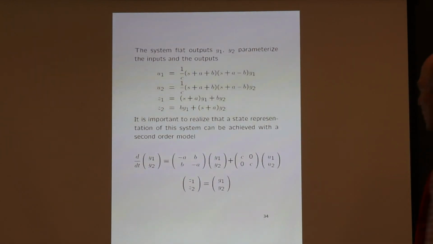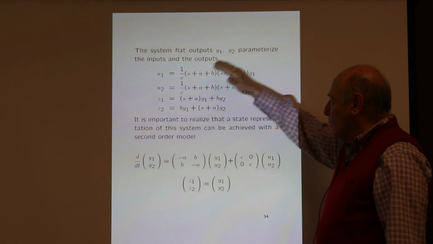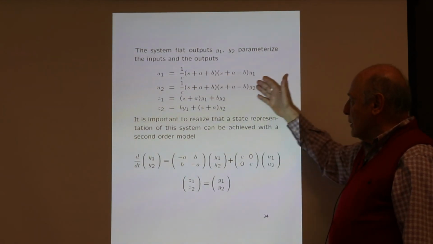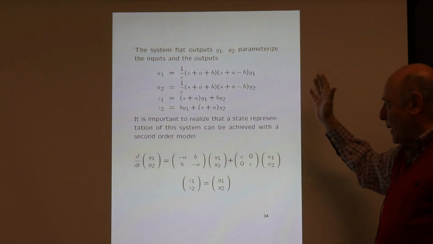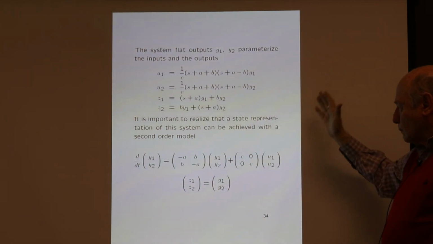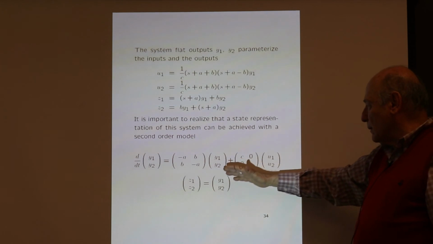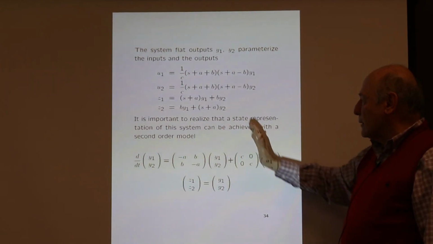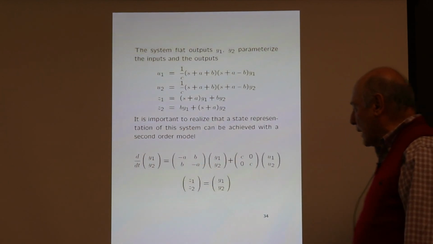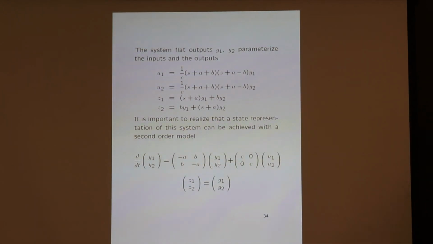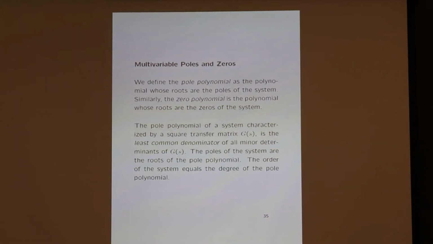That factorization leads to differential parameterization of the inputs and the outputs, and therefore the system is flat, and y1 and y2 represent the flat outputs, which are actually the states, which are the most natural variables to be controlled. So that doesn't surprise anybody.